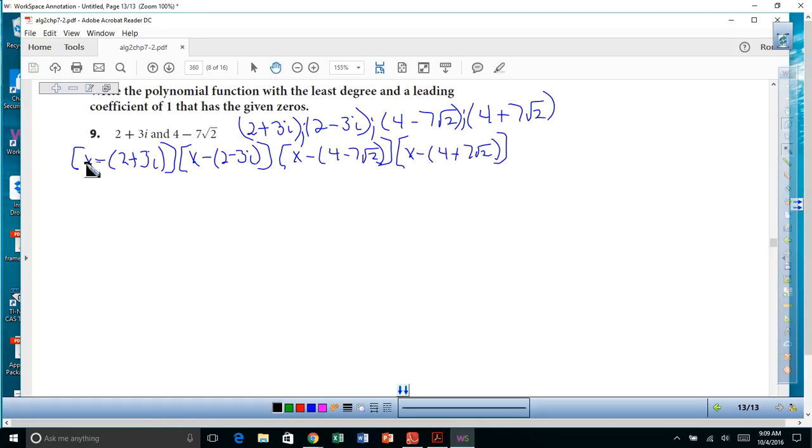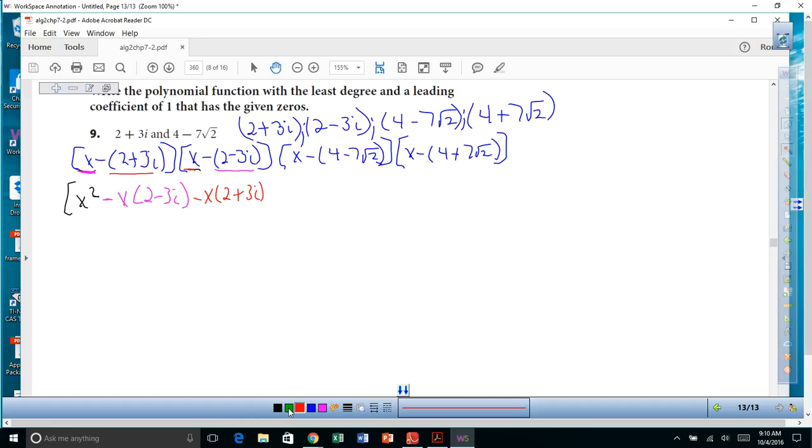So we've got x times x, and that's going to give you x squared, right? Then we're going to FOIL. The outer is minus x times 2 minus 3i. Then we're going to do the inner, and we got a negative there, so minus x times 2 plus 3i.